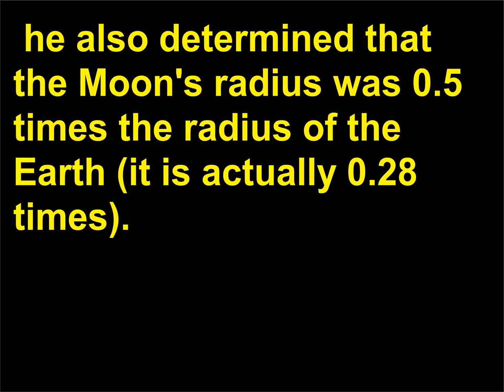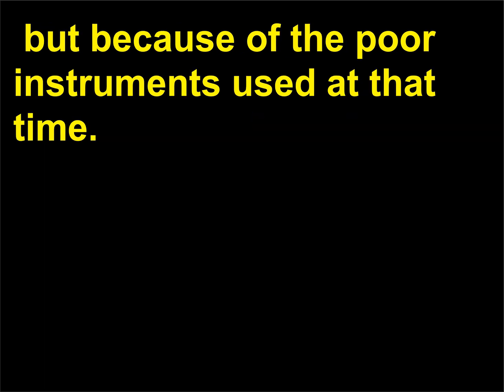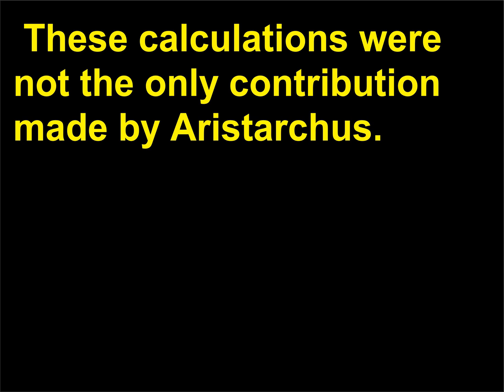He also determined that the Moon's radius was 0.5 times the radius of the Earth. It is actually 0.28 times. The numbers differ not because Aristarchus had no geometric knowledge, but because of the poor instruments used at that time. These calculations were not the only contribution made by Aristarchus.